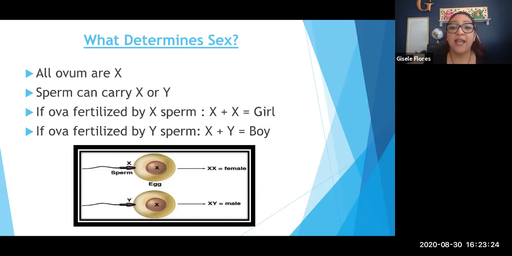For example, I could have an XX combination and be determined a girl based on my sex chromosomal pairing, but maybe this girl also has the small resemblance of a penis. So that child, those combinations of characteristics, are actually given the determination of intersex at birth. So you can either be designated girl, boy, or intersex at birth.